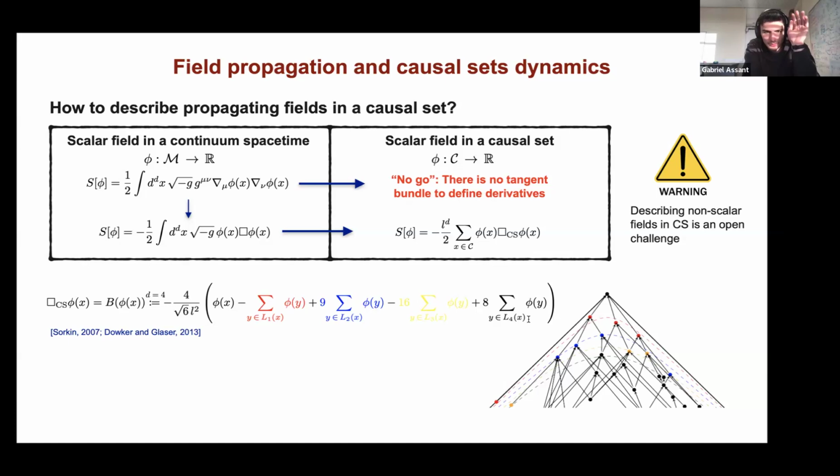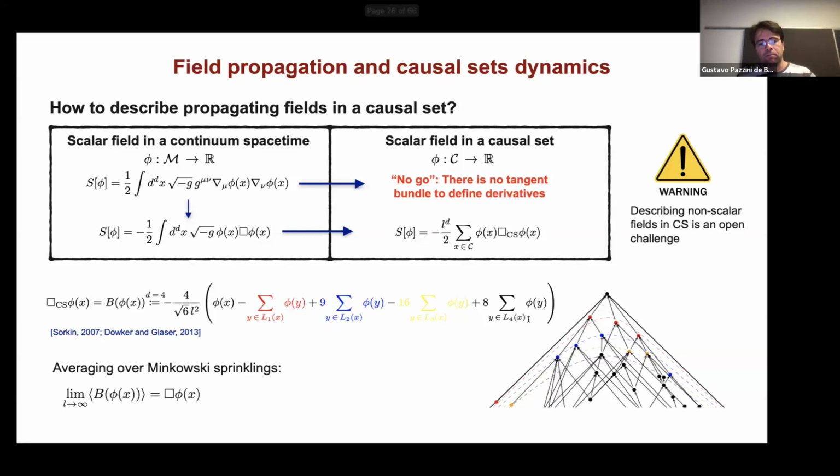Yes. Hi, Gustavo. I'm wondering what these coefficients are in front of these sums, the 9, 16, and 8. That's a good question. There is no intuitive way of explaining where these coefficients come from.